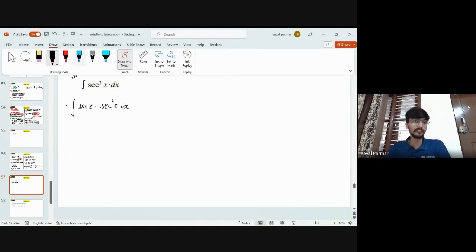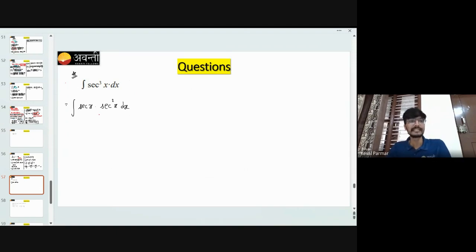Now I have to assume the first function and the second function. The second function should be assumed such that it should be integrable. If you remember, yesterday I had written in bold letters the key for selecting first function and second function.